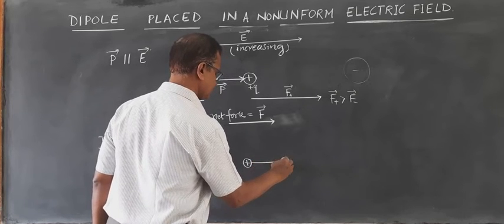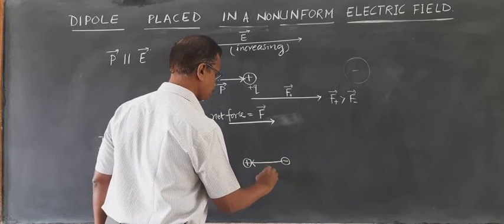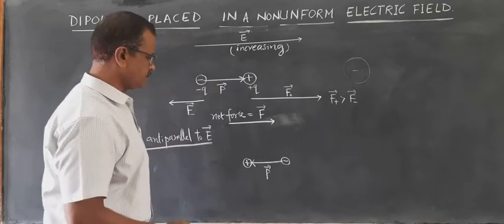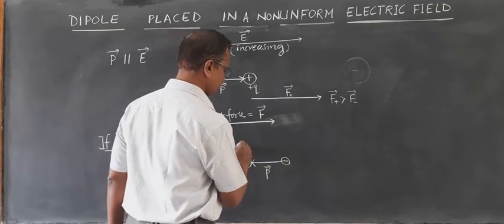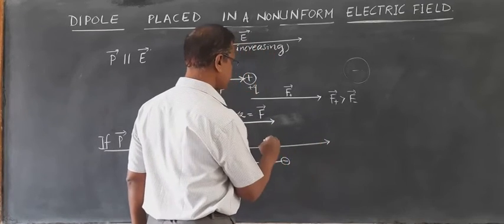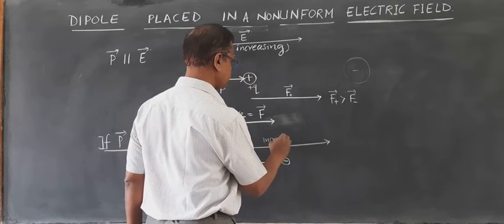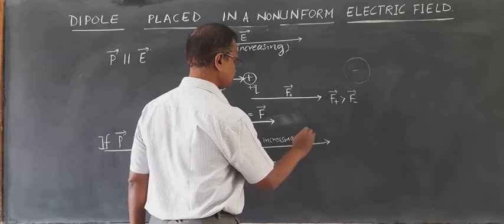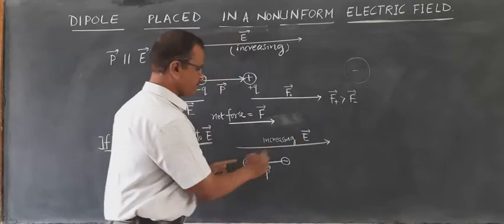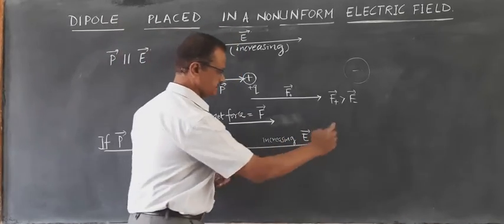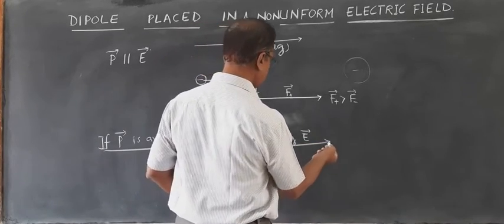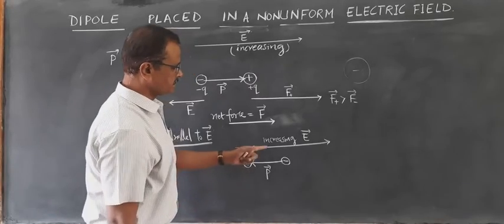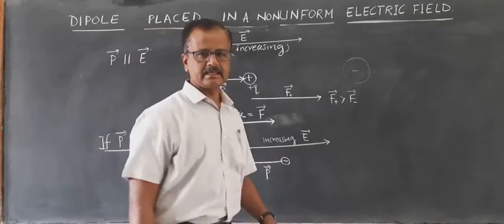This is the direction of P, and as earlier, let us say this is the direction of increasing electric field, where from point to point the electric field is increasing, as assumed earlier. The electric field is increasing in this direction.